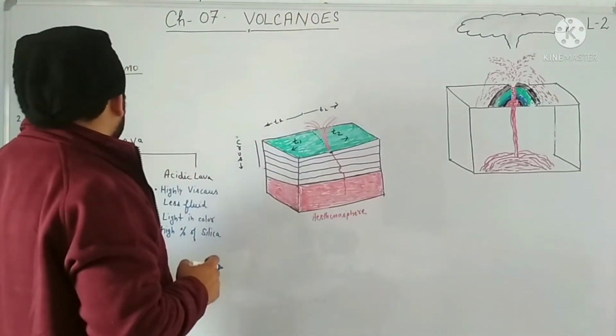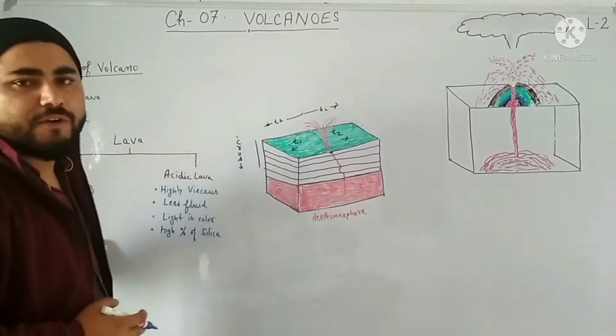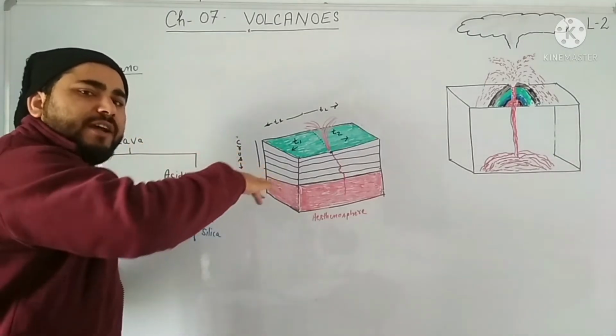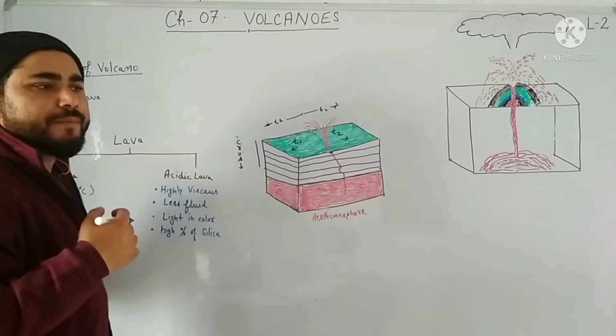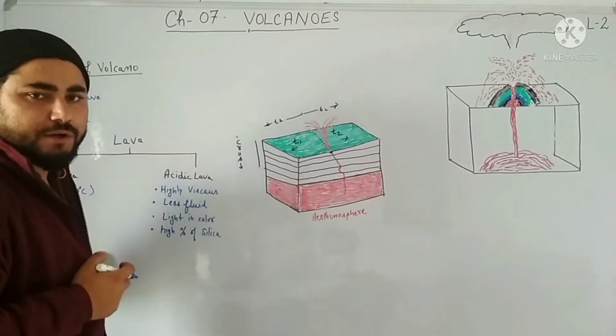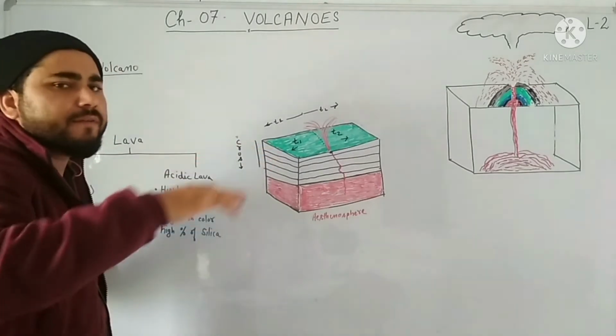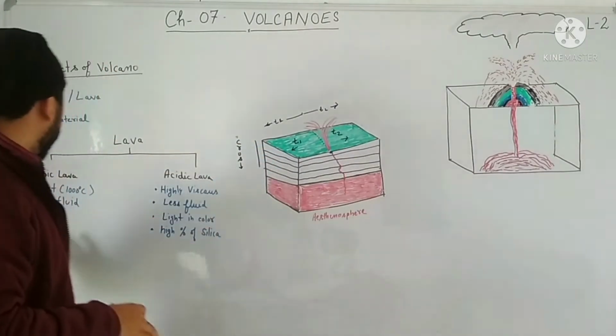And in the case of basic lava, the height of the dome will be lesser because the lava will keep flowing downside to a very large area on the surface of the earth, and it will cover the entire area and give a shape of shield to that area.